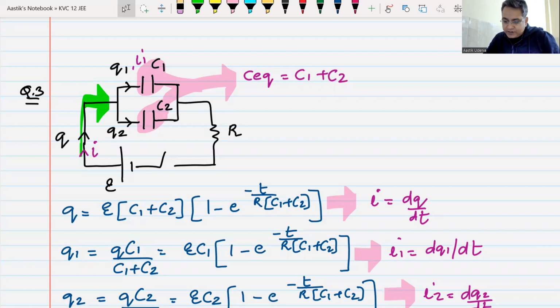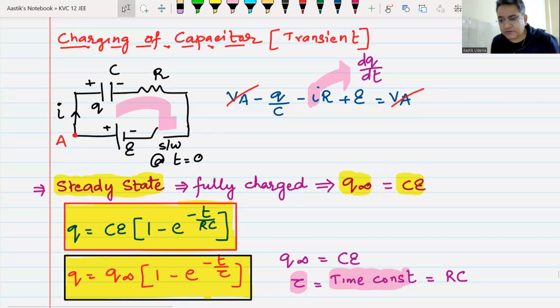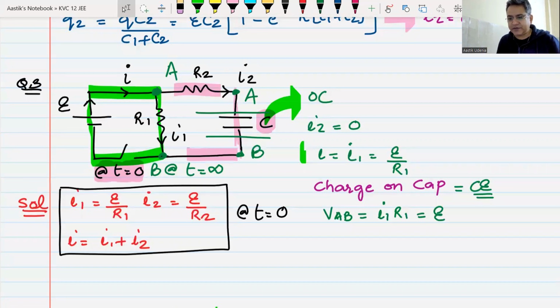We had to find out the charge on the capacitor in the transient state. We had also seen how we can find out the steady state charge of the capacitor. We had done some questions where we had found the steady state charge on the capacitor. Everyone understands this? Everyone remembers it? Yes, sir.